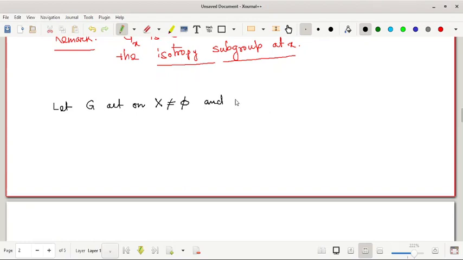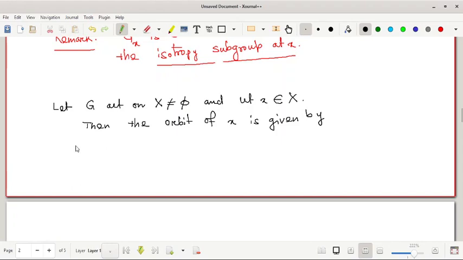and let x belong to X. Then the orbit of x is given by, we call it G dot x, the orbit of x under the action.